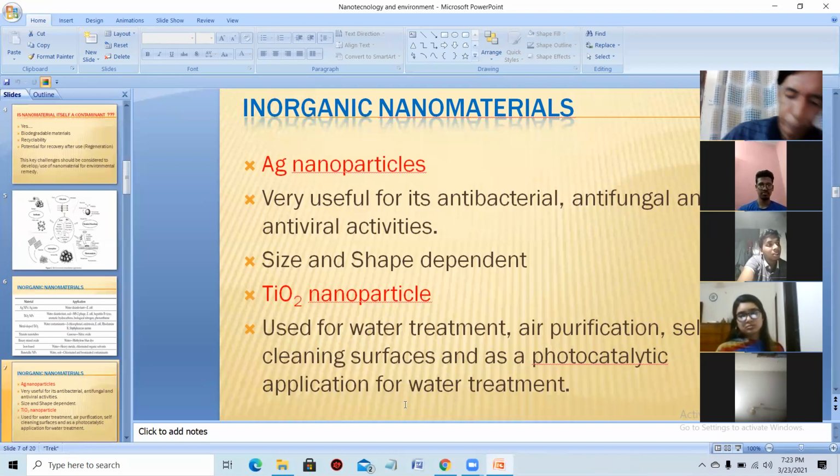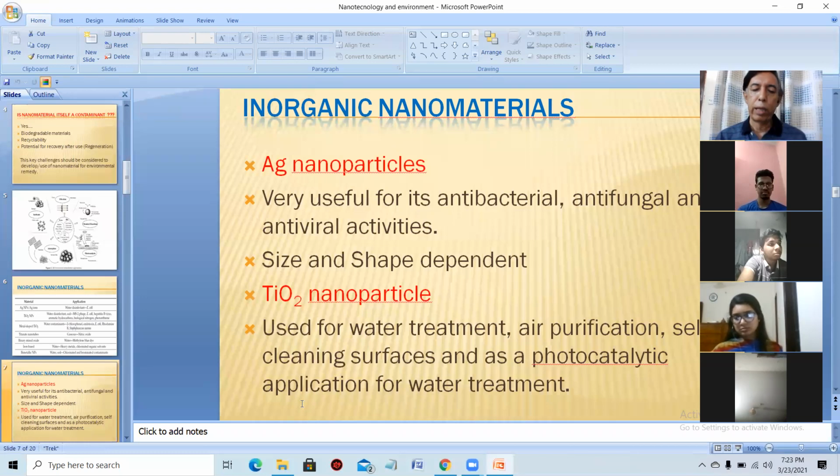So why is titanium oxide used for photocatalytic application? Because titanium oxide can be activated by UV light.